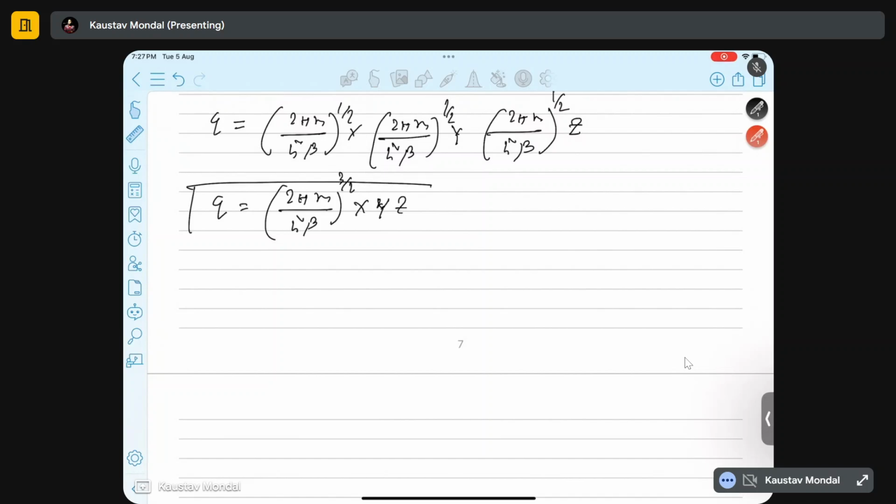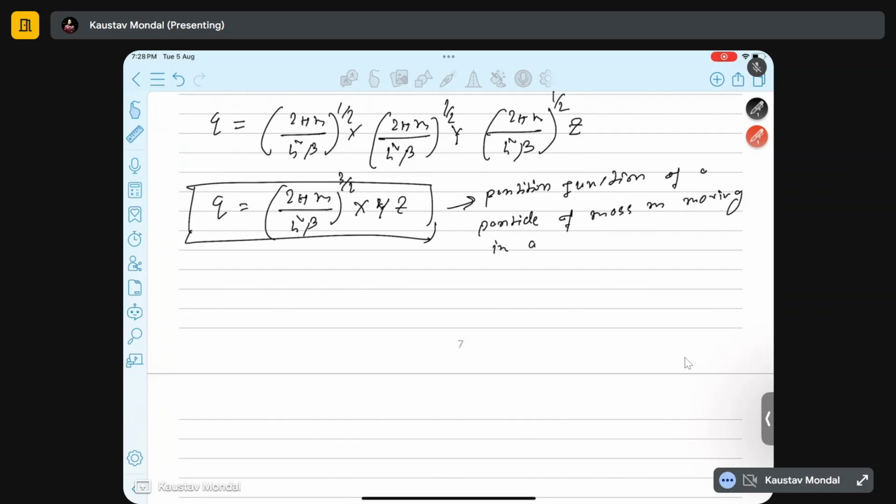So this is the partition function of a particle of mass m moving in a 3D box.